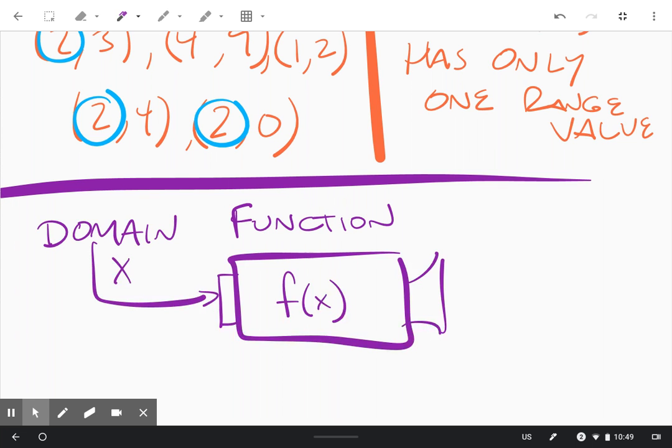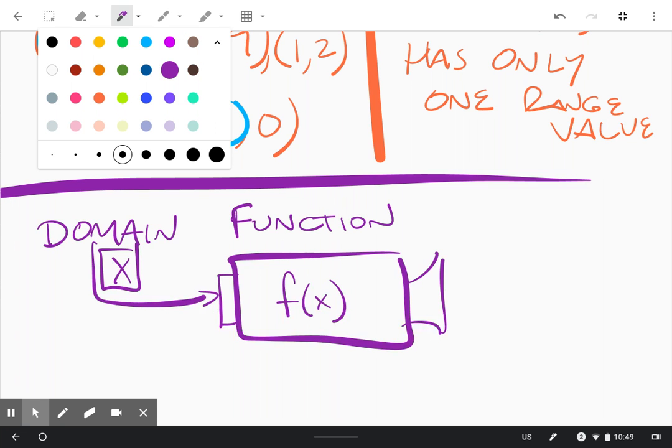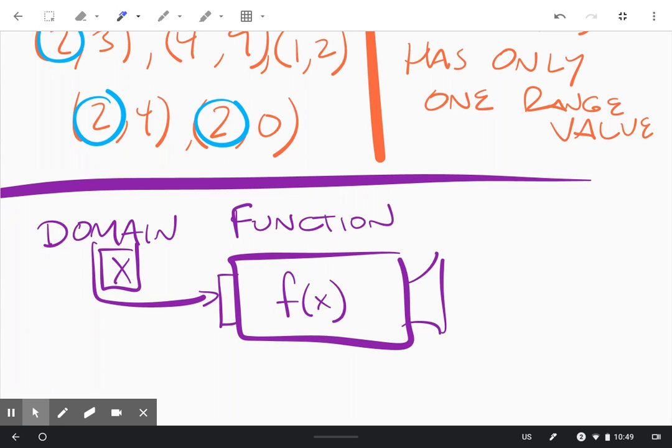You put x's in there. And when you put those x's in there, on the other end of that function, out pops a y, or a range value. But when I plug in a certain domain, I want to predict what the range is going to be.